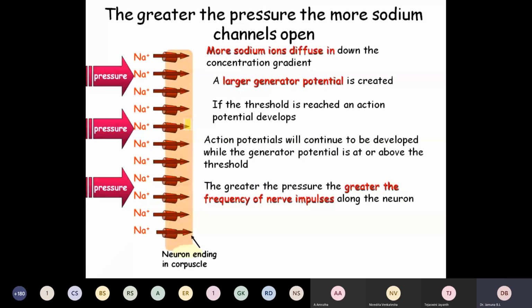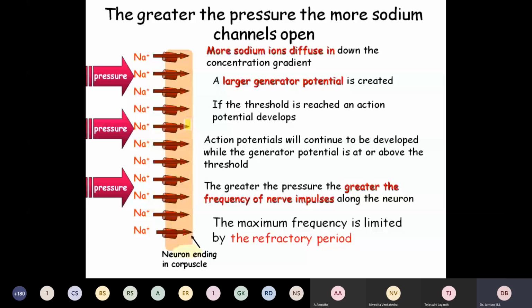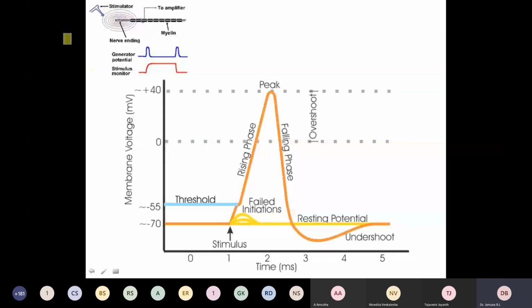The greater the pressure, the greater the frequency of the nerve impulse along the neuron. The maximum frequency it can generate is limited by the refractory period. This diagram shows that if the stimulus is below the threshold, it produces only a generator potential. Only once it reaches the first node of Ranvier and reaches the threshold does it produce an action potential.